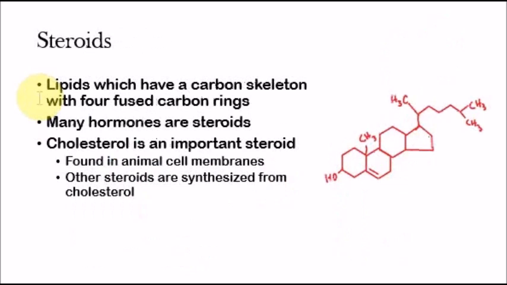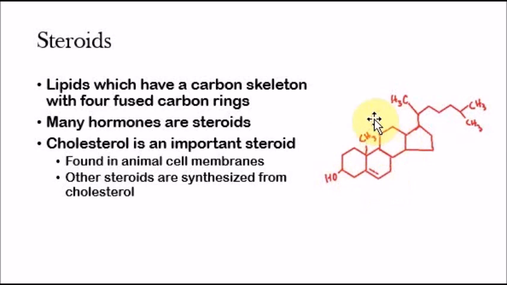The last type of lipids are steroids, and steroids are lipids which have a carbon skeleton with 4 fused carbon rings. We talked about rings briefly in our video on hydrocarbons, but again we're going to see these rings again.